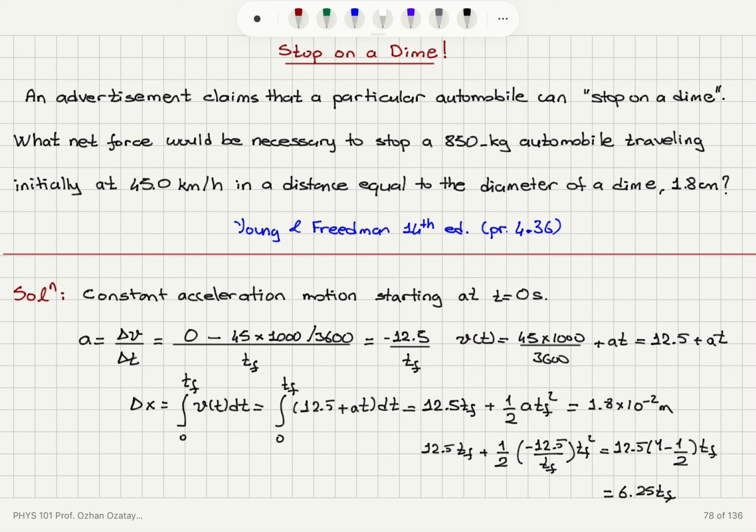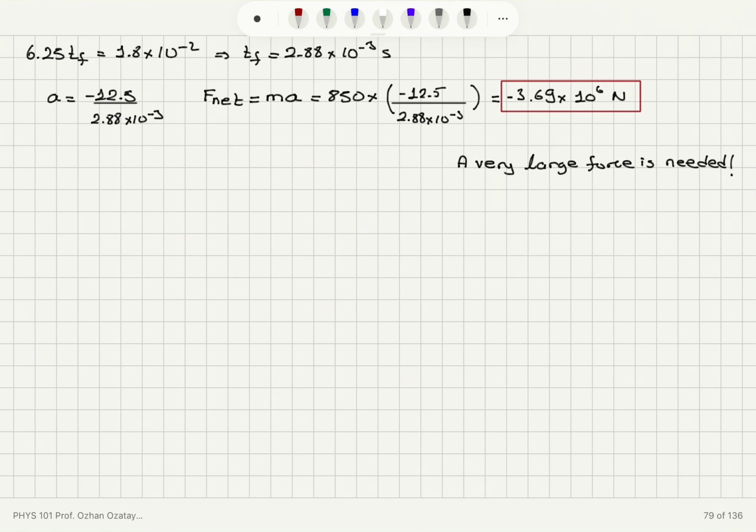Then we can calculate velocity as a function of time, v0 plus at. For constant acceleration motion, we can calculate the distance traveled, delta x, as the integral from 0 to tf of v0 plus at dt, and set it equal to the diameter of a dime. So 6.25 tf, when we plug in the numbers, must be equal to 1.8 centimeters, which gives us the stopping time to be 2.88 times 10 to the minus 3 seconds, or milliseconds.